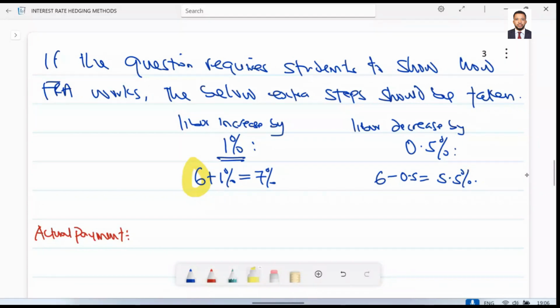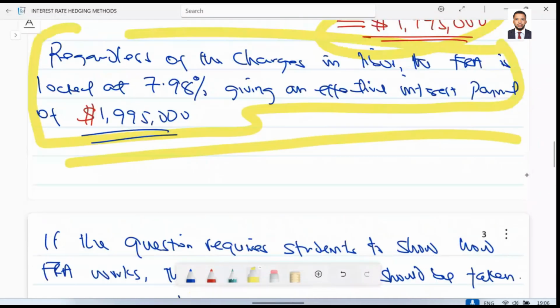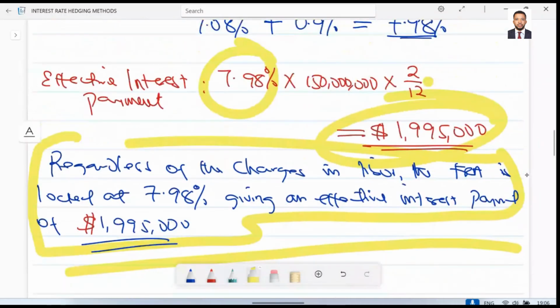Now, when there's an FRA hedge, let me explain to you. Let's say that you and I want to agree on something, right? And we have said that you are the counterparty and the company that wants to hedge. Then we have this guy as the bank. Two of us will go to the bank, and this person is like the middle person.